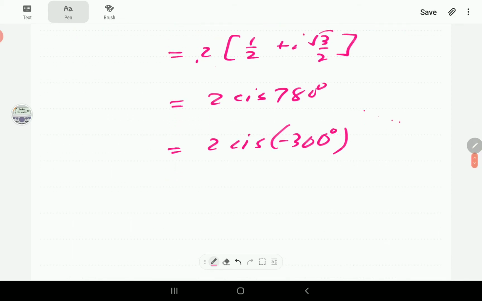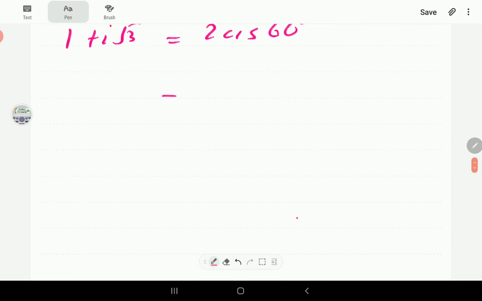Well, what is this saying? This is saying the number 1 plus i root 3, which is 2 cis 60, we can in fact write as 2 cis of 60 plus 360k.